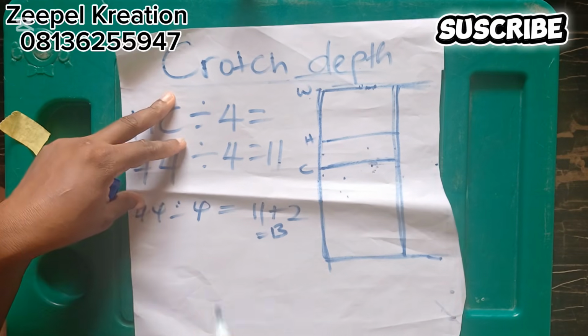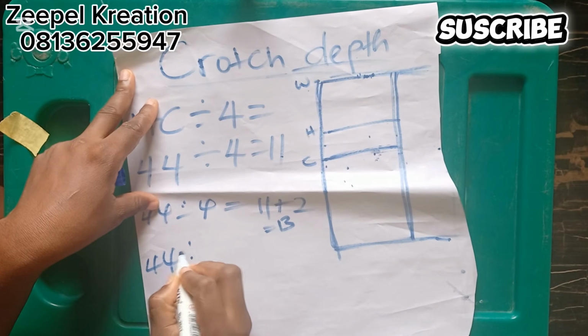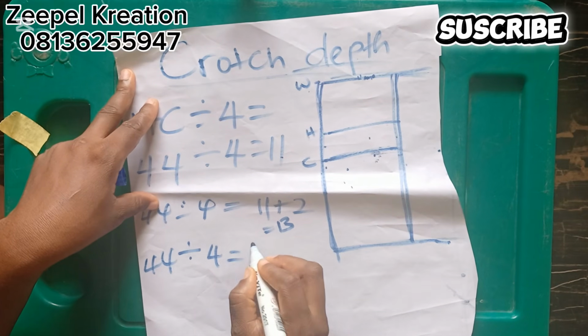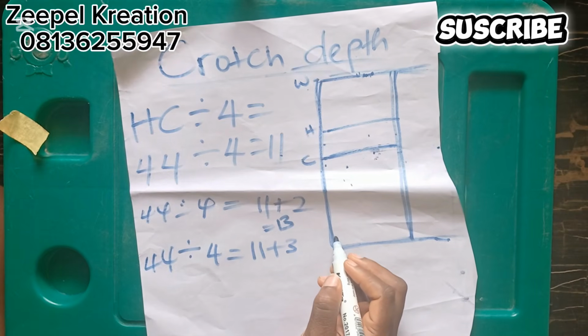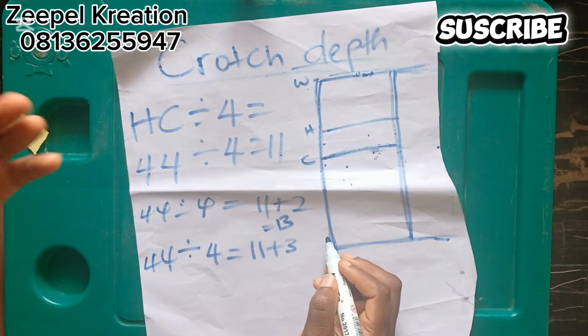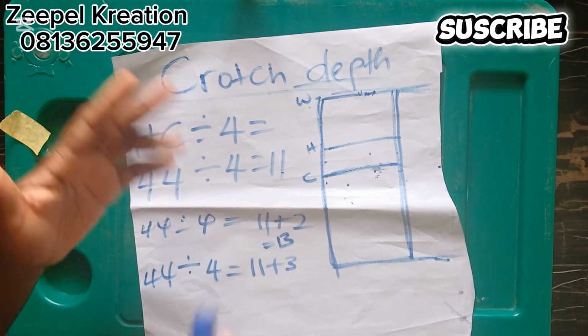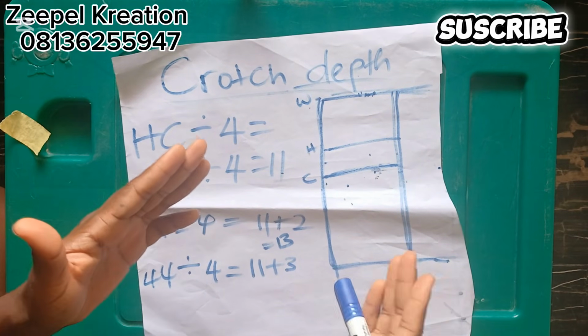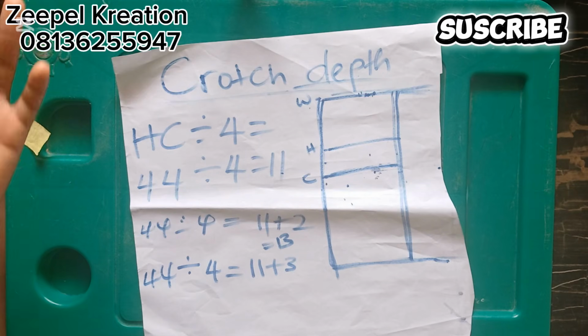So let me assume I am working with a jumpsuit. It will be my hip circumference 44 divided by 4, which is 11, plus 3 or plus 4, depending on how big the person's backside is.